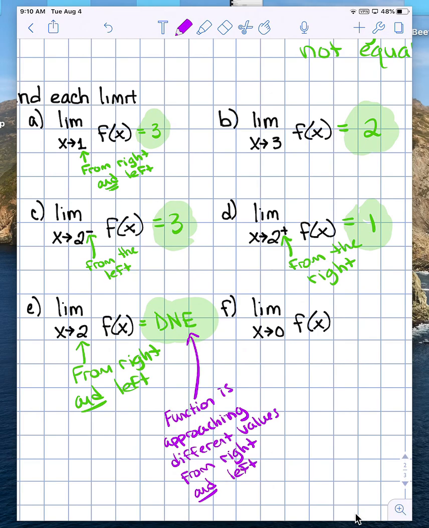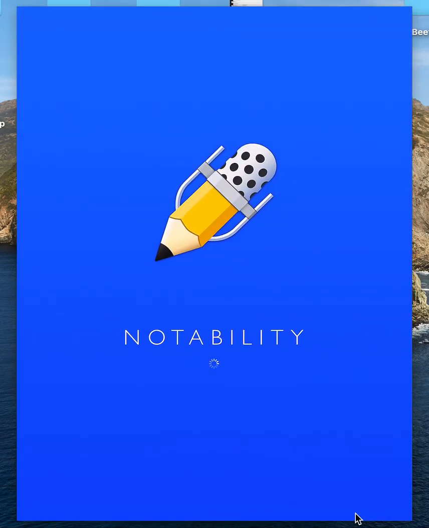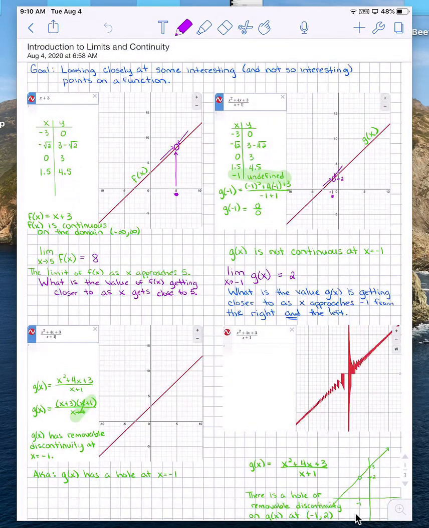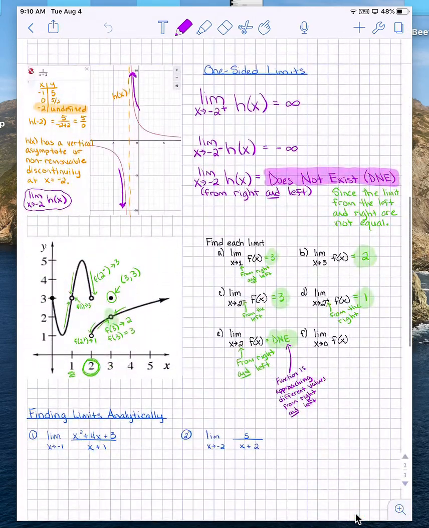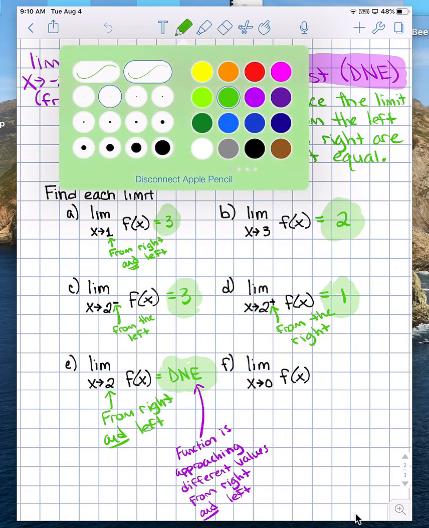Okay, last one on this interesting piecewise function with its really interesting points. Notability is froze. Hold on one second. Let's try this again. Okay, last one we're going to look at is now as x approaches 0.